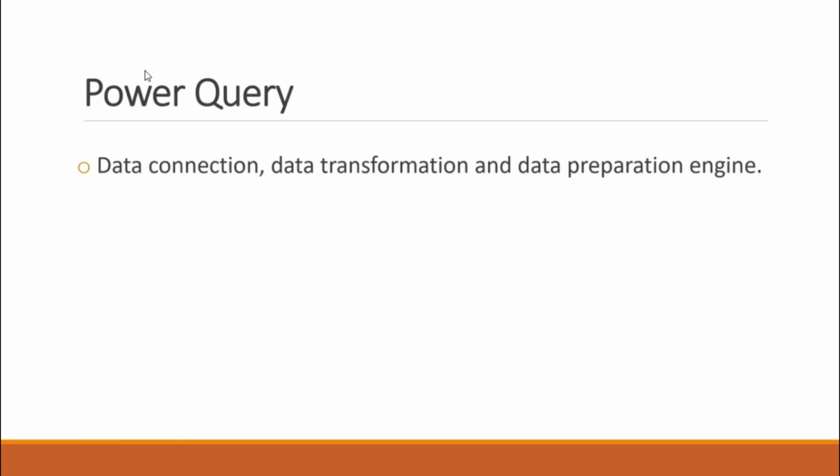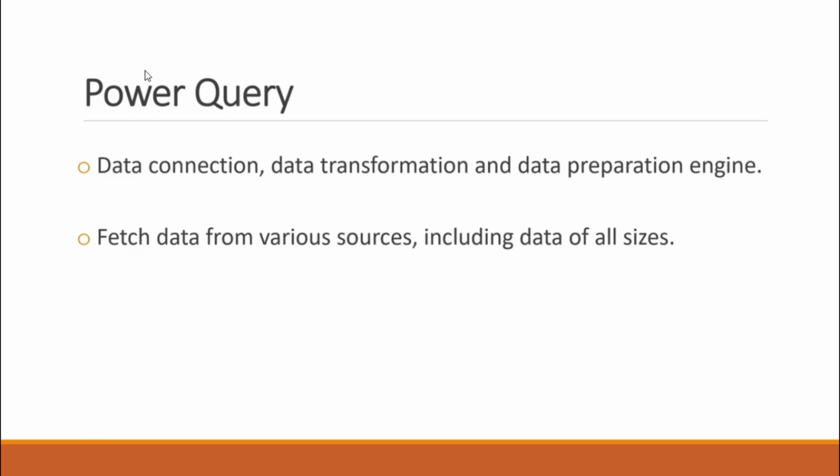We had already gone through this in the previous session, but just a recap, right? So through Power Query, you can fetch data from various sources, including data of all sizes, right? It can be a 1 MB file, it can be a 1 GB file. It doesn't matter, right? You can connect to these data sources of all sizes.